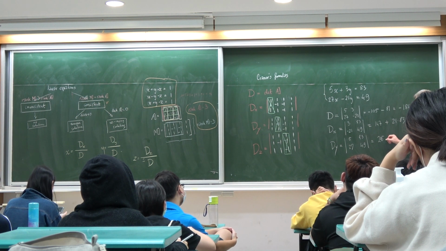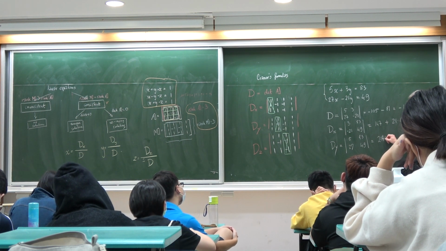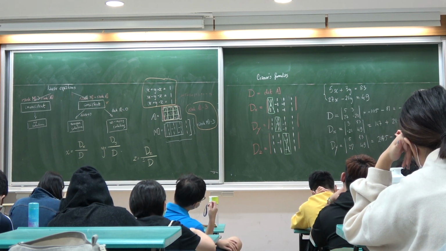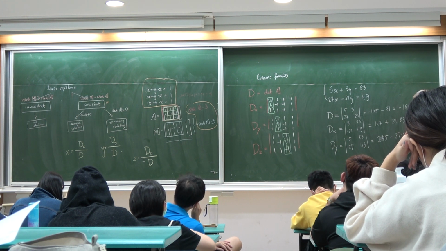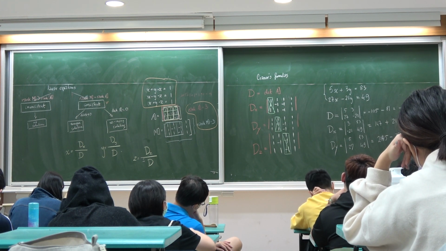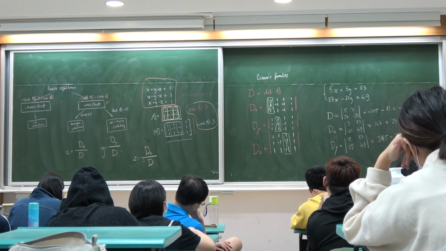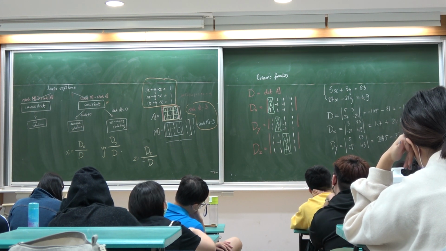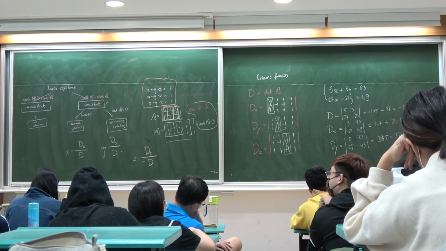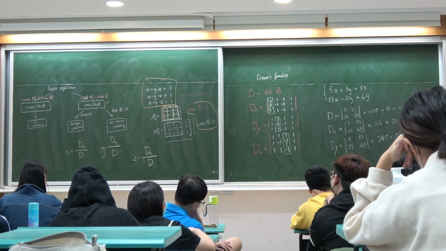This one is 245, 245 minus... Well, again. I mean 21. 2,221.